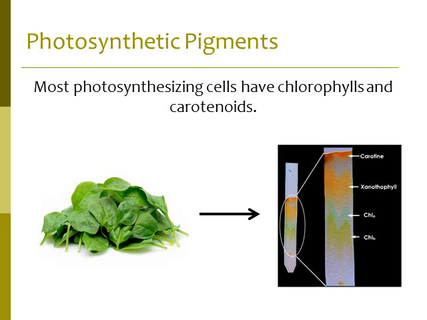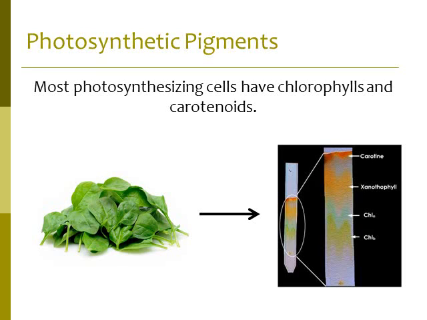This whole process, like I mentioned, occurs in these photosynthetic pigments. Most photosynthesizing cells in a plant have pigments called chlorophylls and carotenoids. And this image is showing, and hopefully we'll do this in lab, you can take spinach leaves and do thin layer chromatography on it.